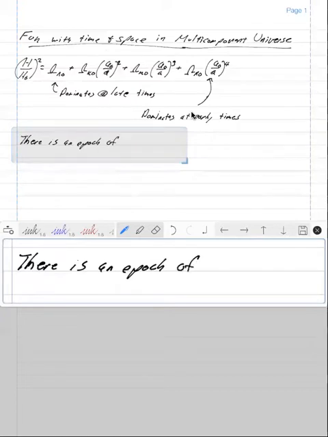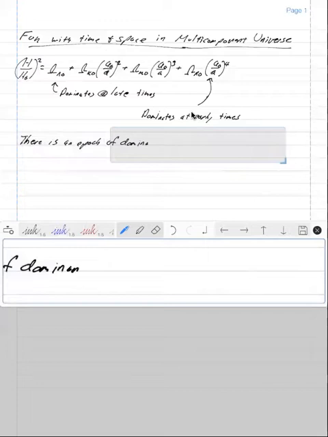And so there is an epoch of dominance for each of these terms.